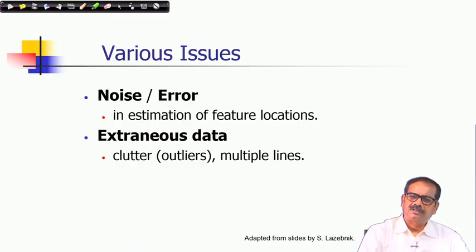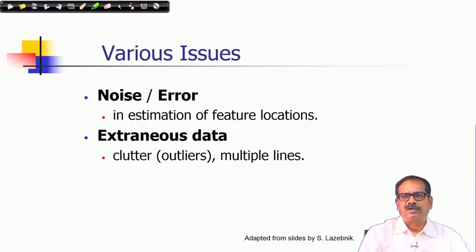So, if you would like to establish the homography matrix, that would give erroneous measurements for those models, and since you are trying to optimize the overall error, that would make a problem. Then there could be multiple lines.